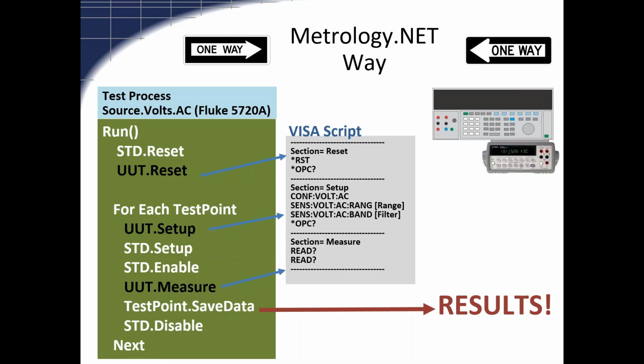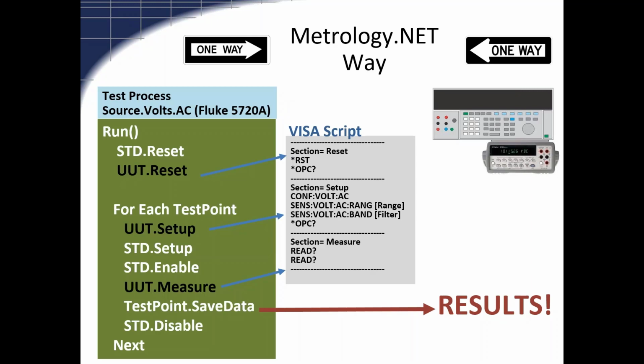And every one of these test processes is going to have a run function, and that's the function that we're going to call. So it doesn't matter if we're doing a temperature calibration, a voltage calibration, or an RF and microwave calibration. We're going to call a run function, and we're going to give that run function a set of test points.